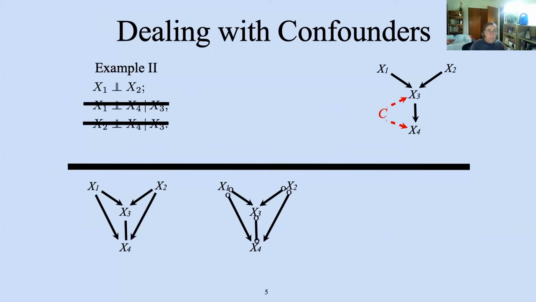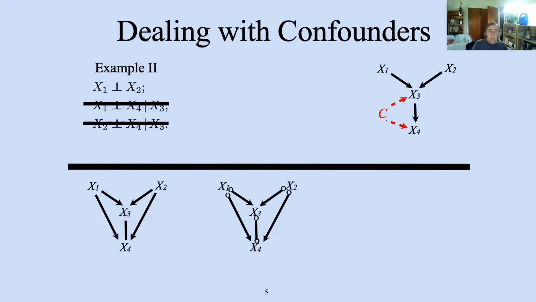So how do I know that there's no confounding between x3 and x4? Well, suppose I actually tried to put in a confounder between x3 and x4, and suppose that was an unmeasured confounder, so I had not measured C. In that case, we would see that two of the d-separations that were entailed when there was no unmeasured confounder are no longer entailed.